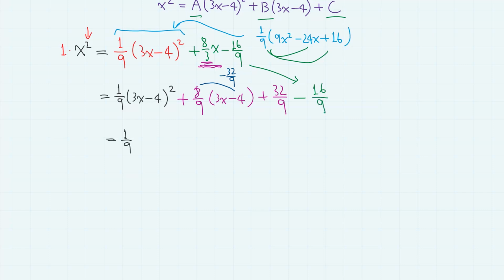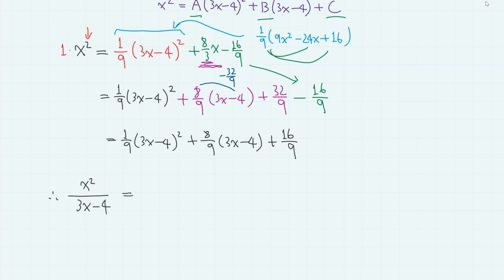So we have 1 over 9 (3x minus 4) squared plus 8 over 9 (3x minus 4) plus 16 over 9. Therefore, if we divide this by 3x minus 4, then our integrand function can be written as 1 over 9 (3x minus 4) plus 8 over 9 plus 16 over 9 times 1 over 3x minus 4.